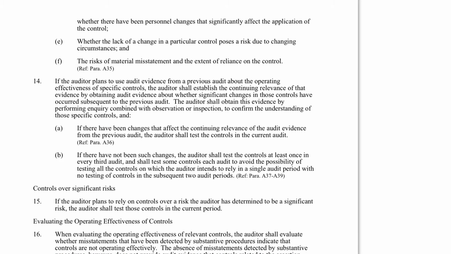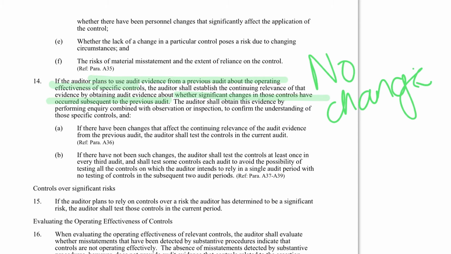Now, if I do plan to use evidence from a previous period about whether controls are working or not, I need to get evidence about whether significant changes have occurred. So I need to find evidence to say that there has been no change in the internal controls, and then I can rely on the control evidence from previously.